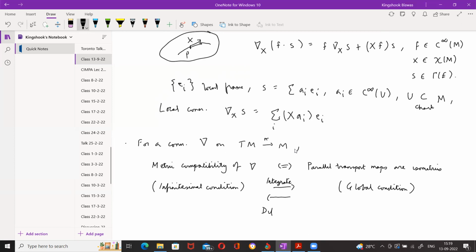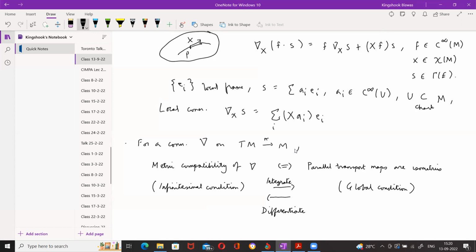So it's just calculus again: you go from infinitesimal to global by integrating and back by differentiating. That's all calculus is about.